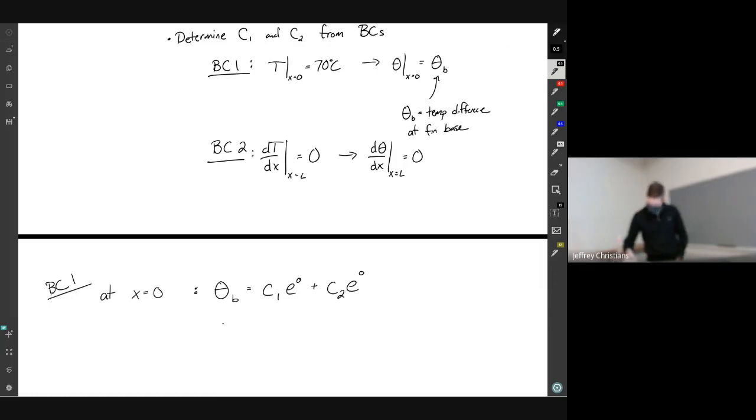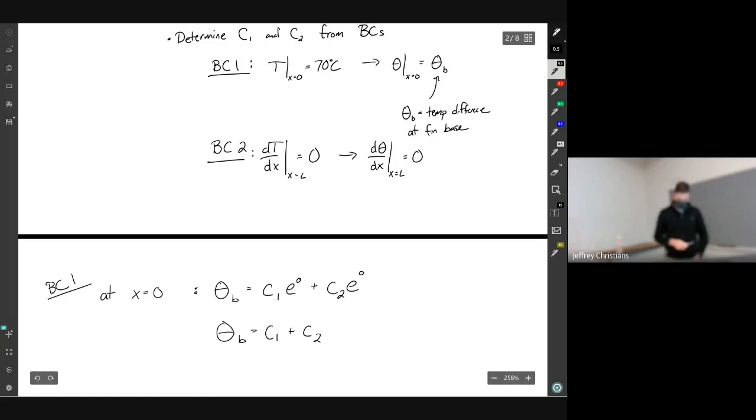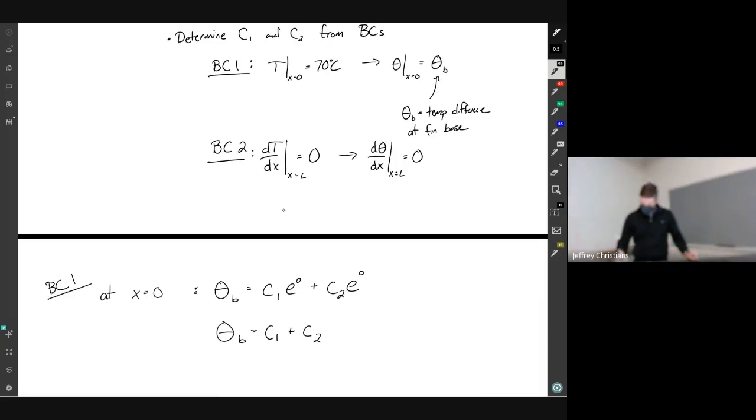So theta B equals C1 plus C2. Or we can flip that and say that C2 equals theta B minus C1.